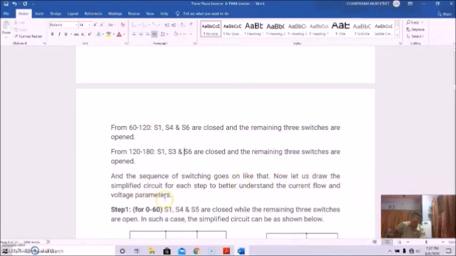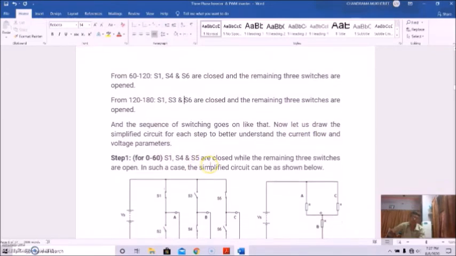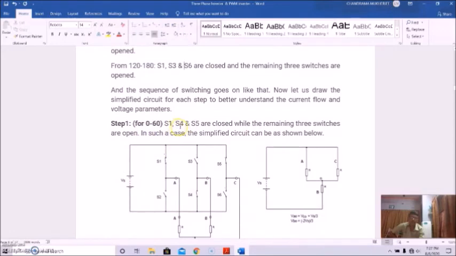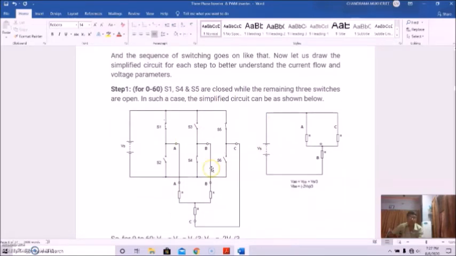And now let us draw the simplified circuit for each step to better understand the circuit. For step 1, S1, S4 and S5 are closed while the remaining 3 switches are open. In such a case, the simplified circuit can be like this.